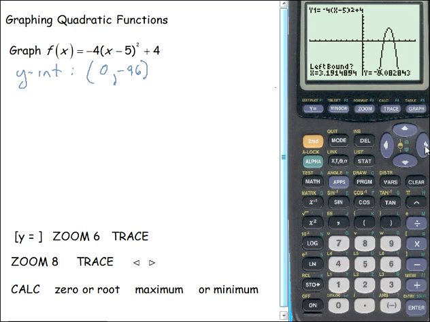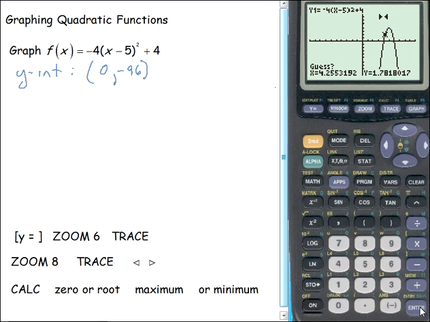Let's see. There's my cursor. Now you want it to be to the left of the point, so I'm going to move it to the left with the left arrow. Anywhere to the left of it is fine, and hit enter. And then move it to the right of it. See, it's asking for right bound, but you don't want to go all the way over past the other intercept, and hit enter.